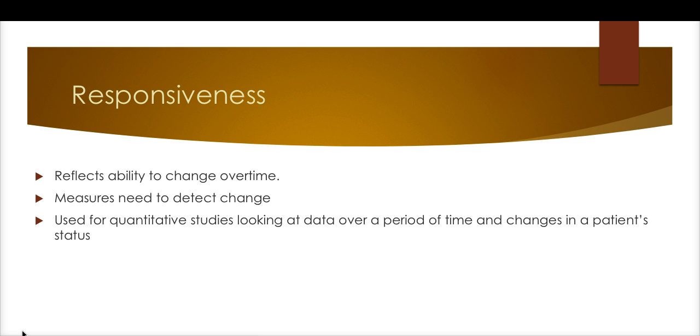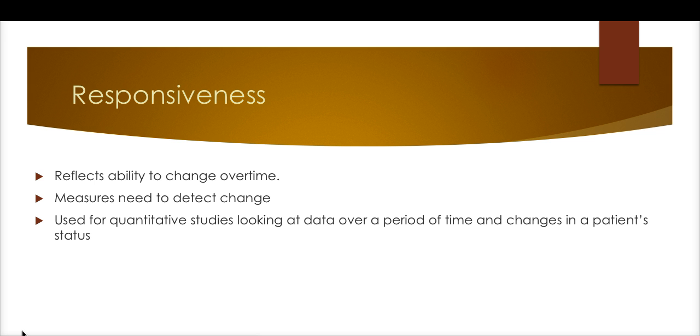Responsiveness reflects an outcome measure's ability to detect change over time. So using the example that we just used for the 6-minute walk test, if you're completing this assessment every day, you would expect to see some response to the assessment in the patient's status.